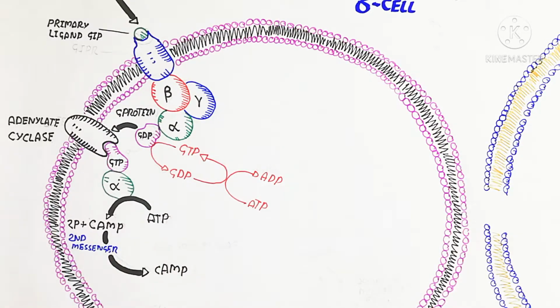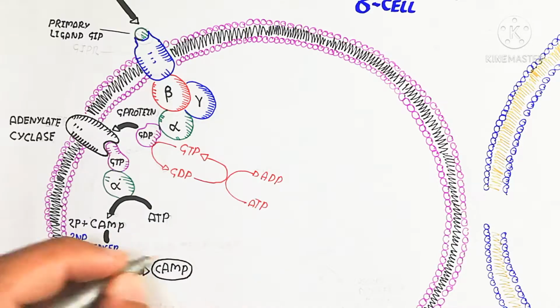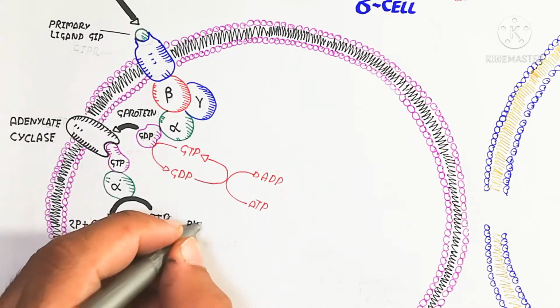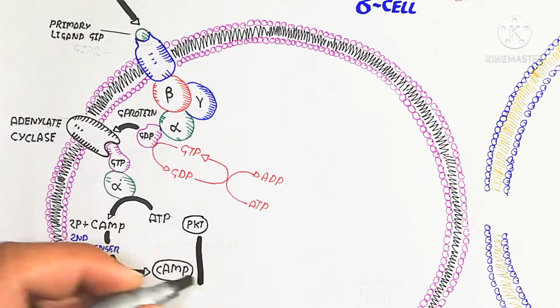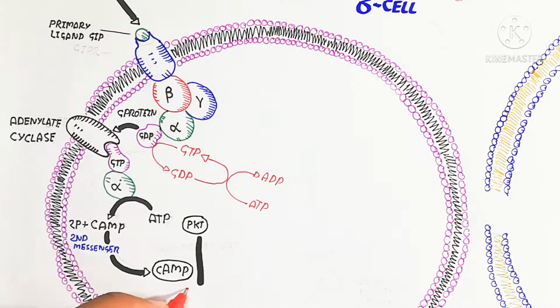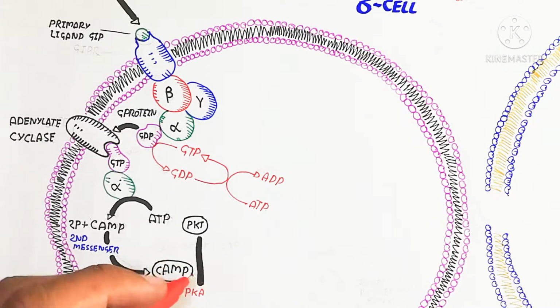This cyclic AMP is the second messenger which stimulates the inactive protein kinase to become activated protein kinase A.